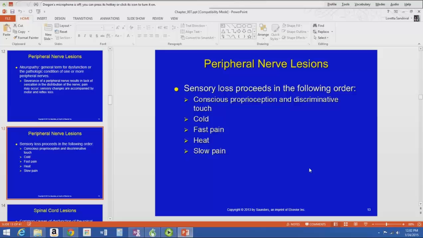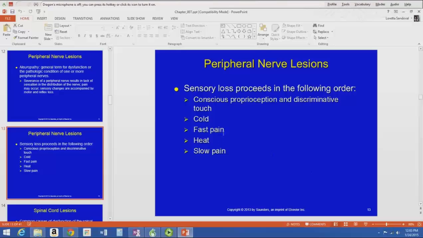First they lose the conscious proprioception and discriminative touch. Then they lose cold sensation. They start to lose the fast pain sensation, then the heat sensation, and then the slow pain sensation. So even after you've had a lot of loss, you can still be experiencing pain in that area because that's one of the last losses. A lot of people who have neuropathy also talk about burning pain or aching pain in their feet, and that's that heat and slow pain.